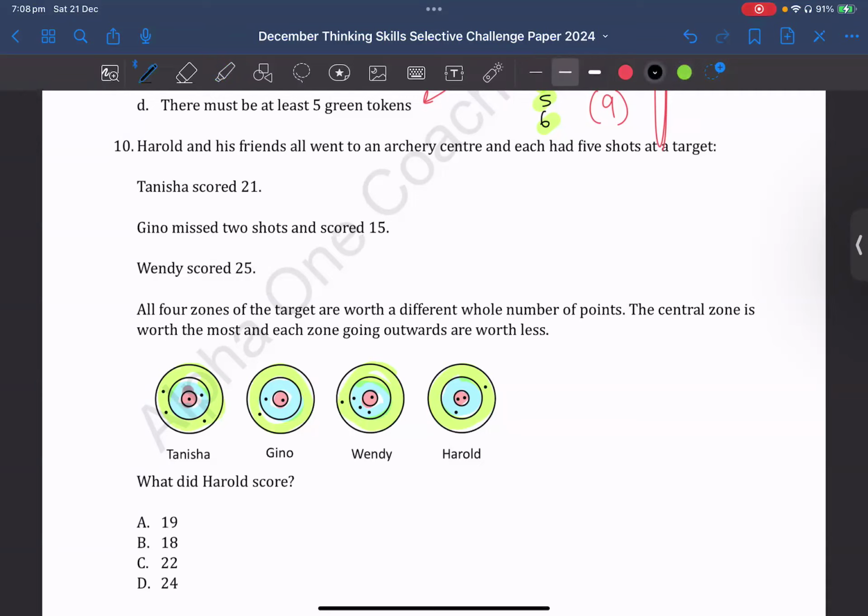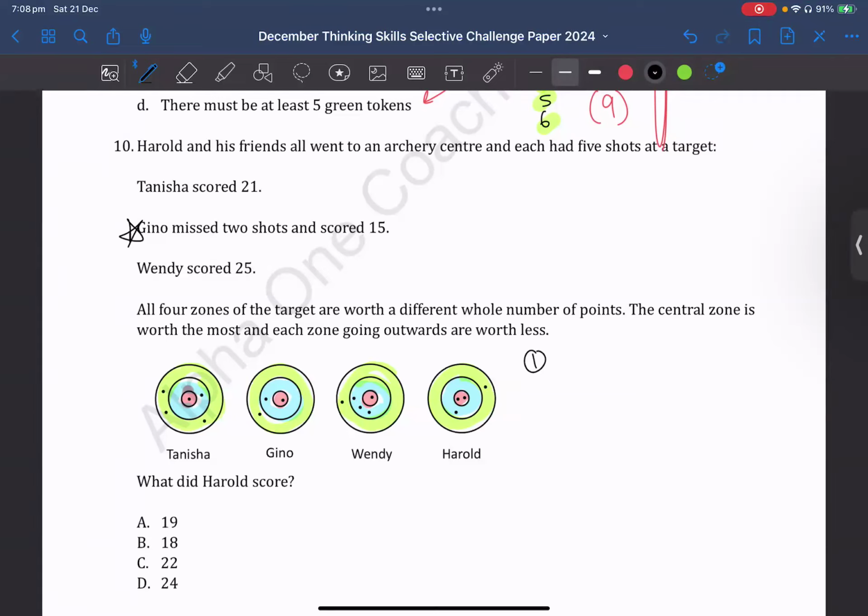So the key thing is that Gina missed 2 shots and scored 15. So for Gina, she got 1 in each, right? So the first thing I'm going to look for is, is there any way that I can find the value of a single ring?